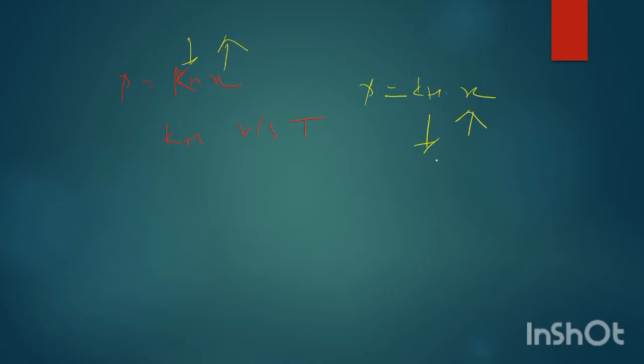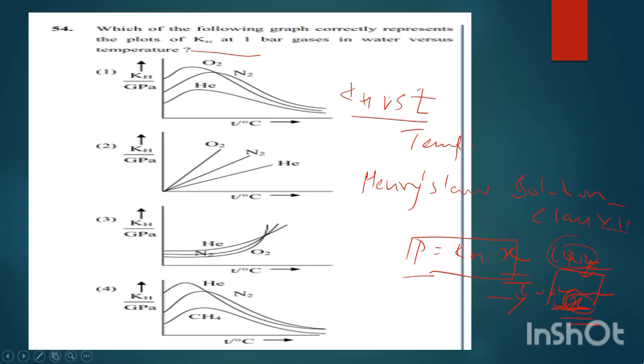Now let's see the graph again. KH versus temperature. The first graph shows solubility rising versus temperature then decreasing.